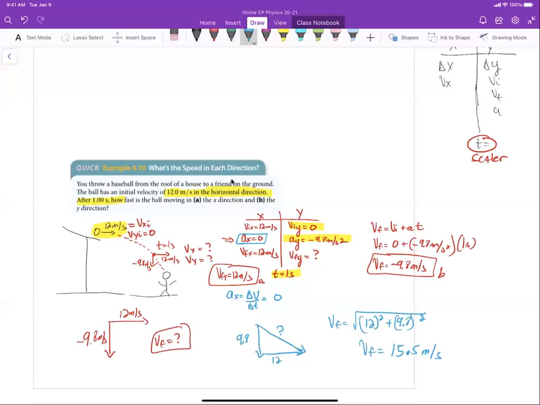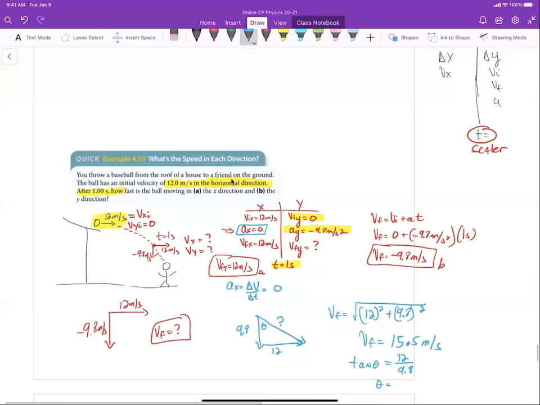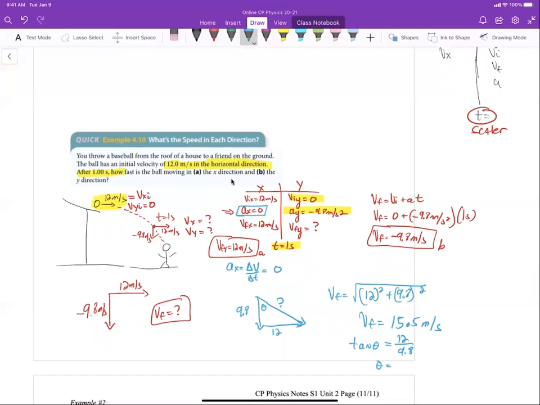And let's say we'll find this angle right there. The tangent of that angle is the opposite side, which is 12, over the adjacent side, which is 9.8. So theta, I'll take the inverse tangent of both sides, and that'll give me 50 degrees.